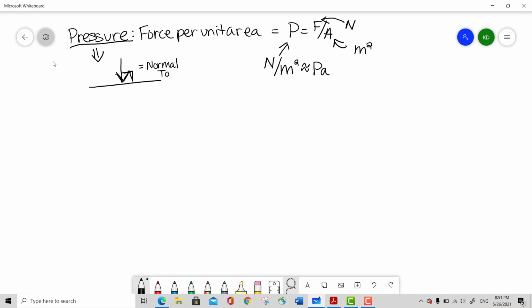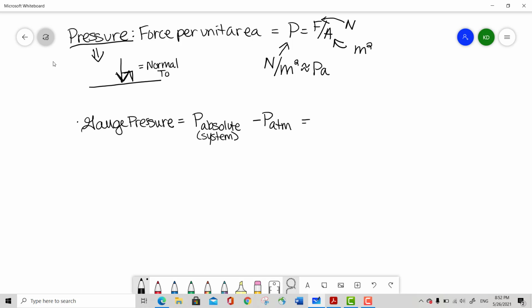You have two different types of pressure. You have gauge pressure, which is absolute or system pressure minus atmospheric pressure.